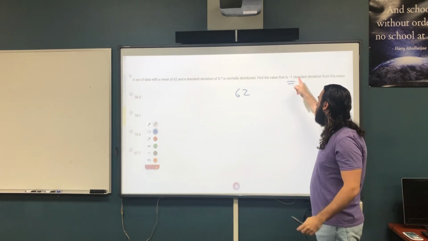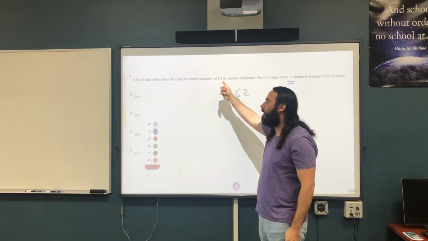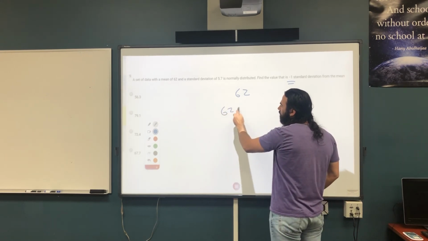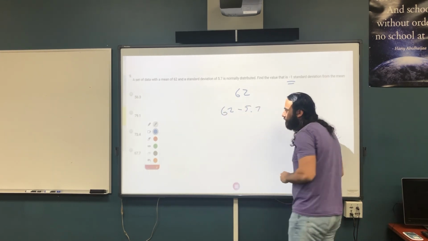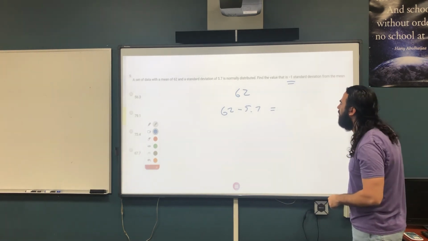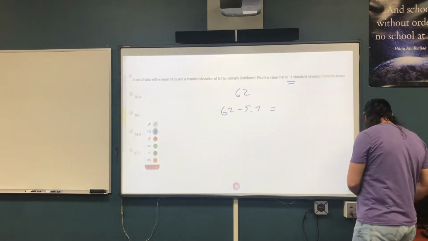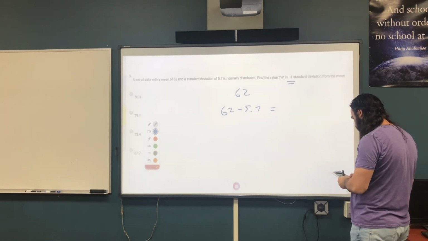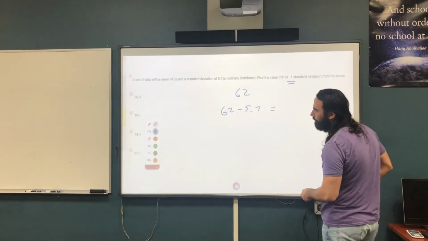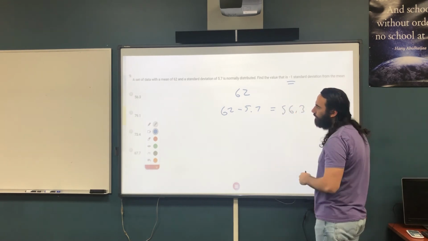The standard deviation is 5.7, so I need to subtract the 5.7 just once. So it's going to be 62 minus 5.7, which is 56.3. That is the answer.